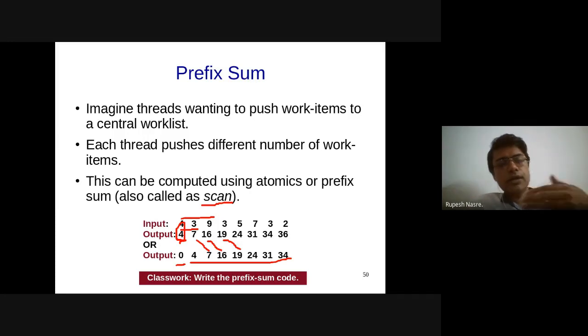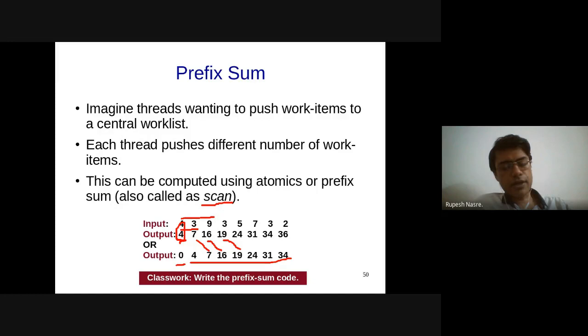So it should be clear that you can implement this sequentially. Just go over the input array and go on computing the values and just keep writing. You can actually do an in situ update, right? So you can modify the same input to have the prefix sum of those values, or you can write to a different array also.